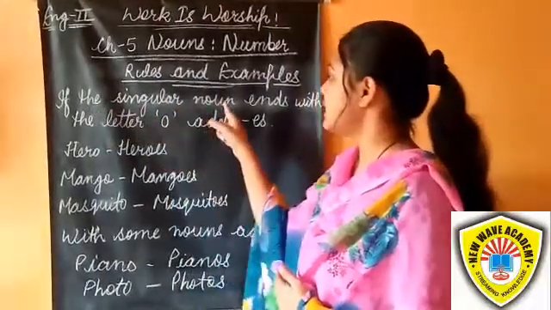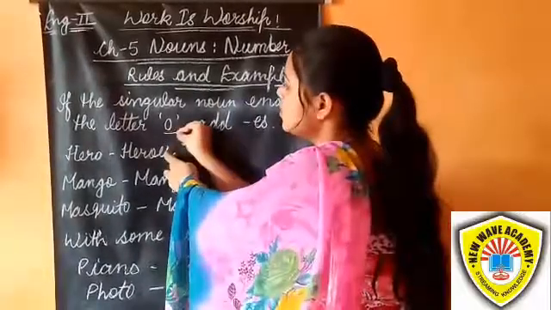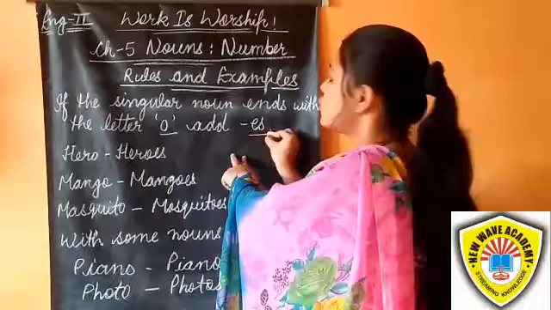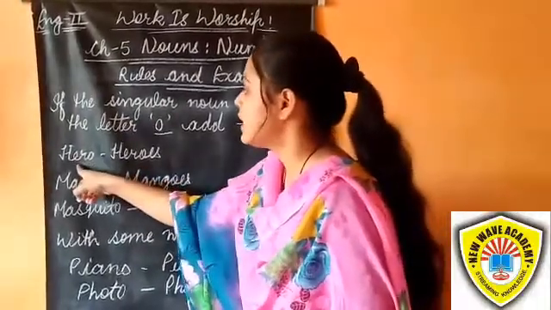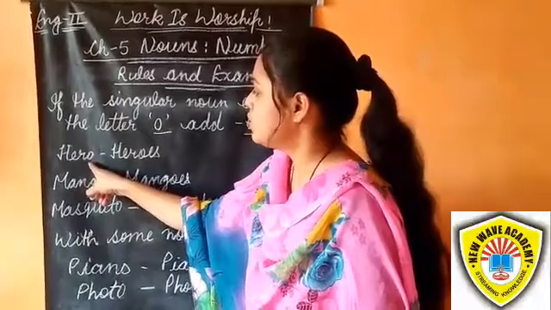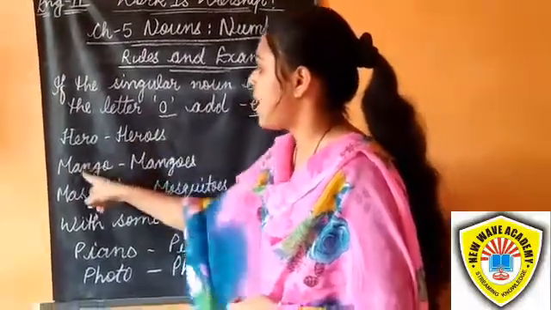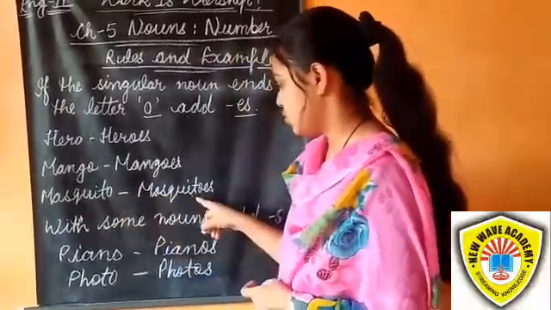If the singular noun ends with the letter o, then we will add es to make the singular into a plural noun. For example, hero. Ends with o, then we will add es. Heroes. Mango, mangoes. Mosquito, mosquitoes.